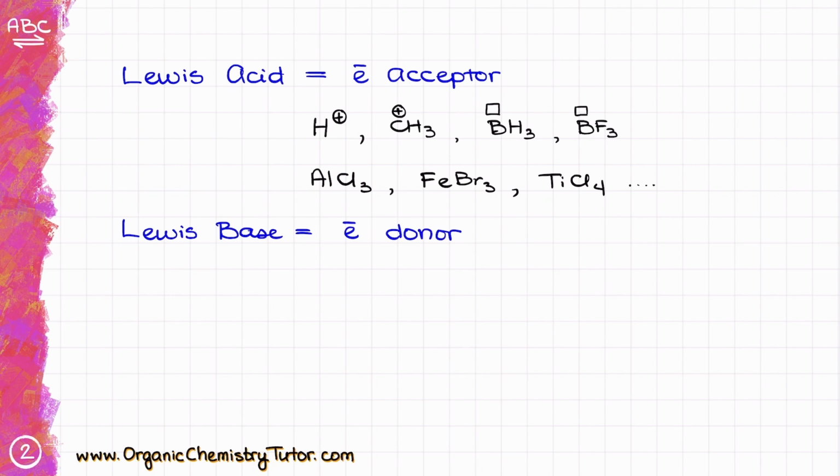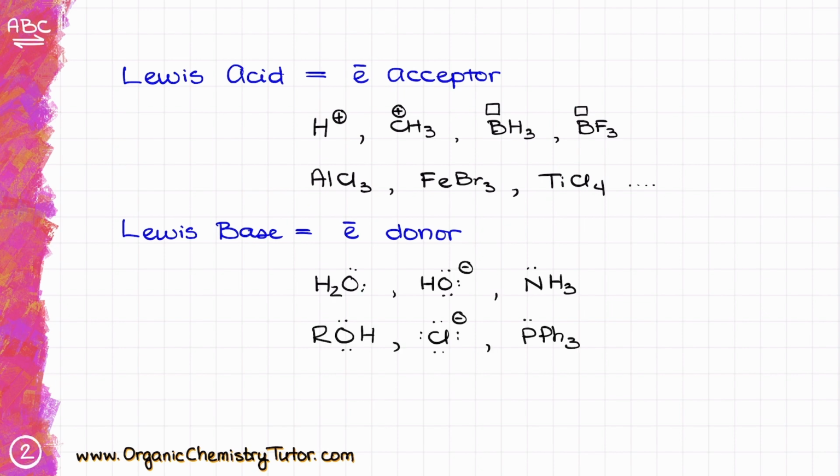So essentially anything with an electron pair can serve as a Lewis base. We can have, let's say, H2O, water, being a Lewis base because it has electron pairs. The Lewis base is going to be the donor of the electron pair.